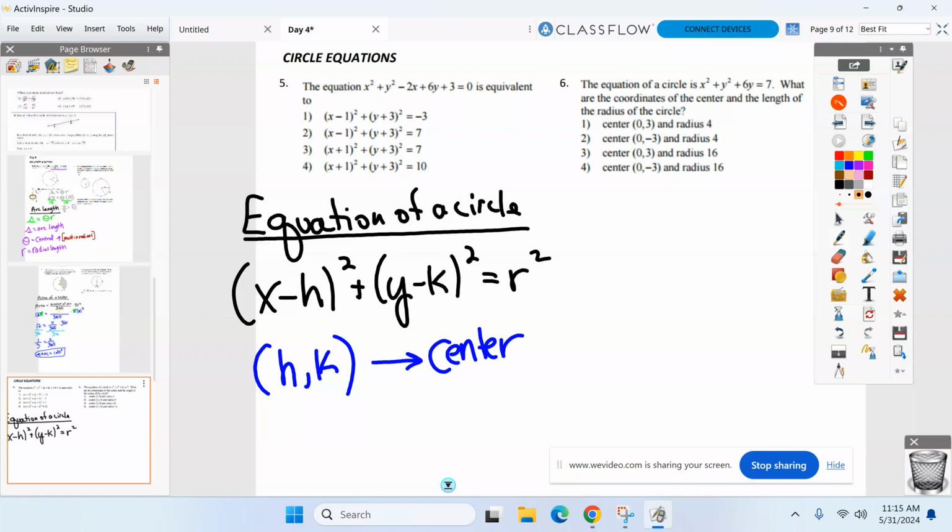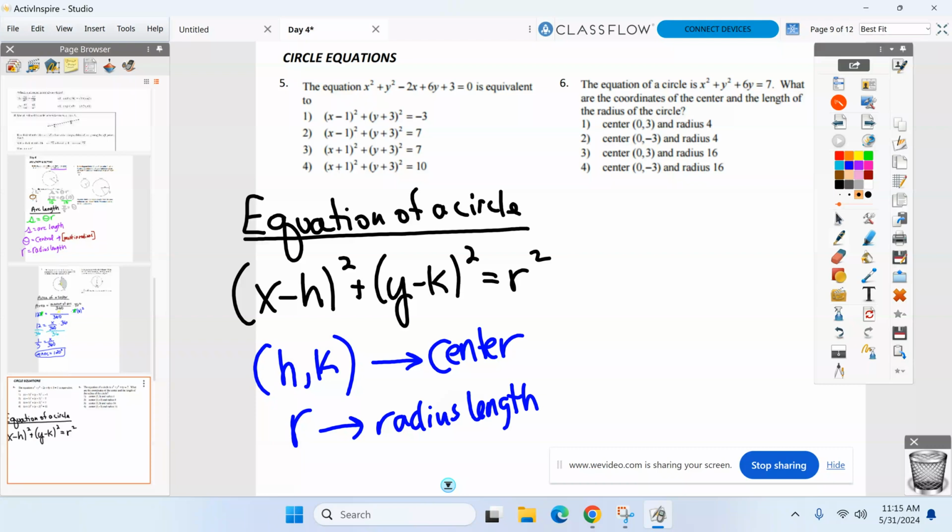And there will be a number plugged in over here for r squared. We're not concerned about that number. We're concerned about the r value, not the r squared, and that'll give me radius length. So there's your equation of the circle. It gives you radius and center.